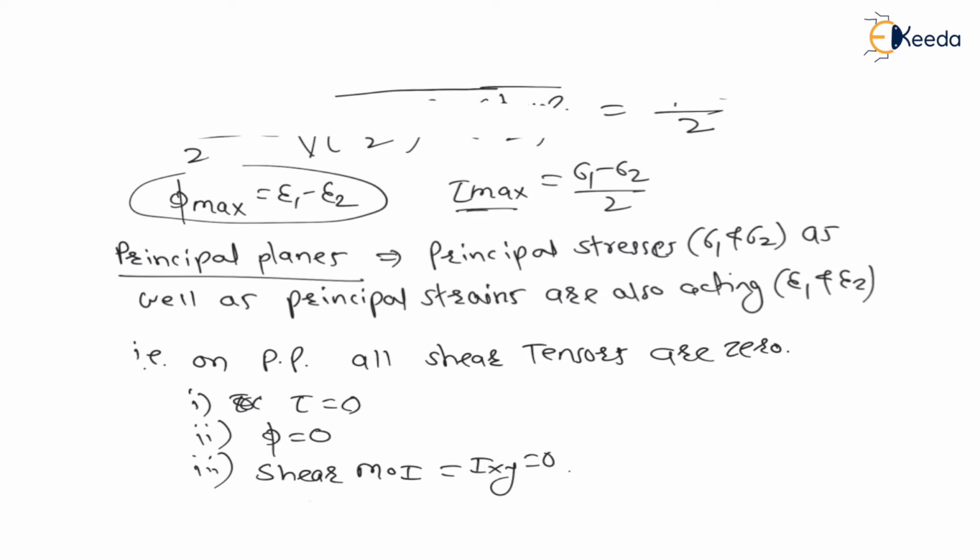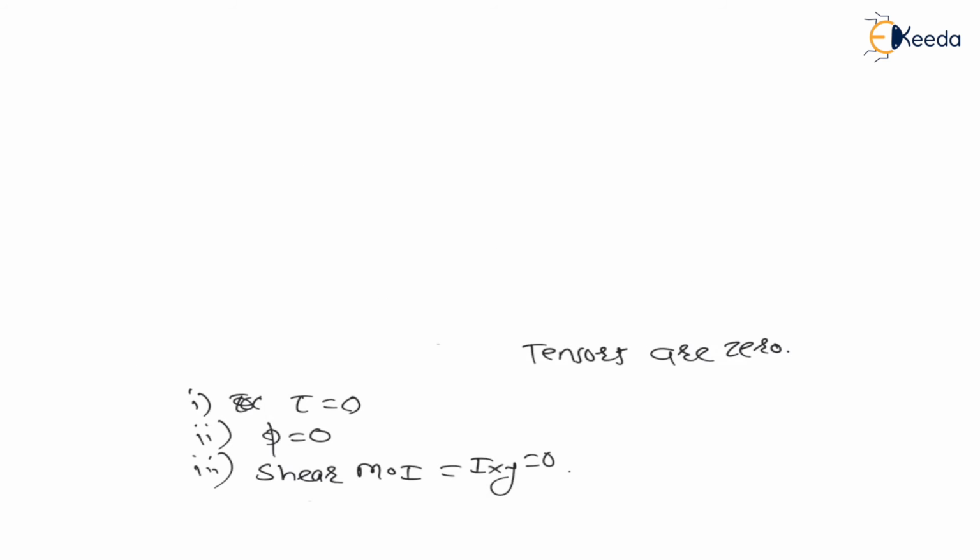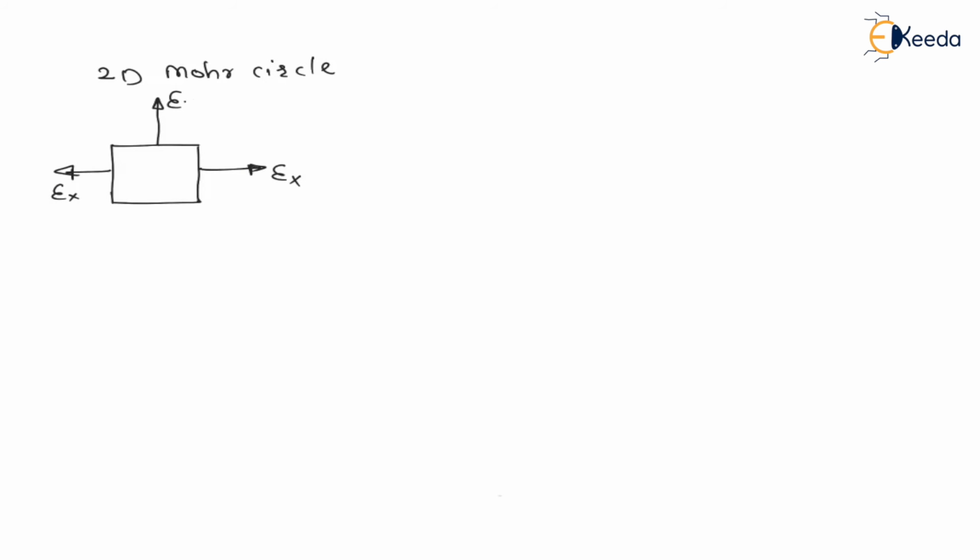Now for the same analysis we can draw Mohr circle also. For strain analysis we can draw Mohr circle also. Now here we will see the 2D Mohr circle for strain analysis. Let us consider any 2D element. On this element along x axis there is normal strain Ex, along y axis there is normal strain Ey, right?